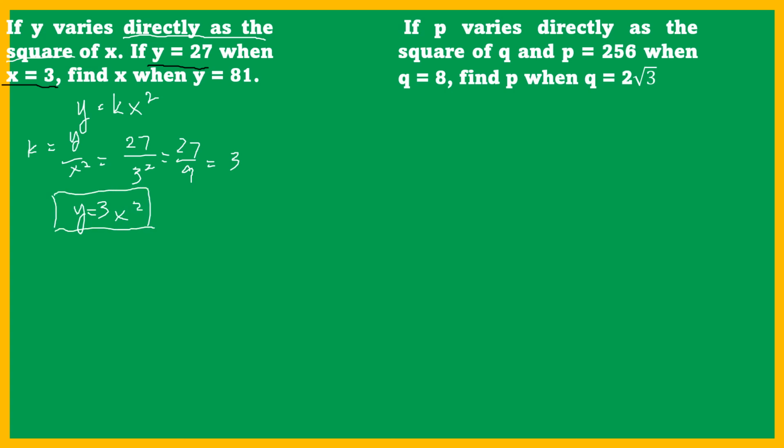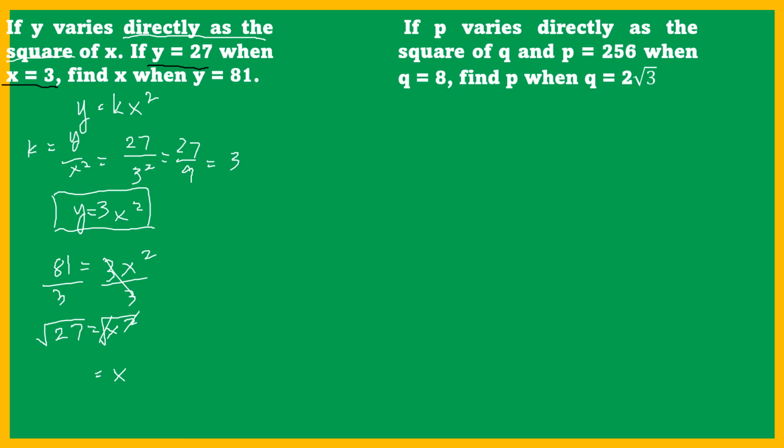Then we can solve for x when y is 81. So by substitution, we have 81 is equal to 3 times x squared. Then solve for x, divide muna natin siya by 3. And the answer is, cancel to. X squared is equal to 81 divided by 3, which is 27. And then getting the square root of both sides para makancel yung squared, we have x is equal to the square root of 27.